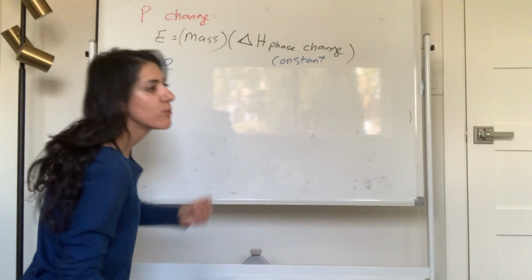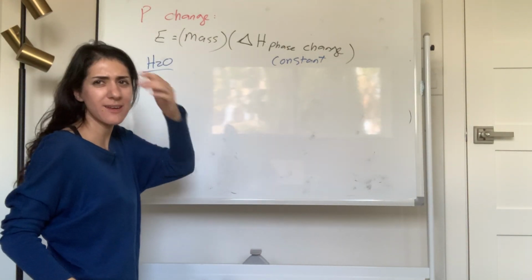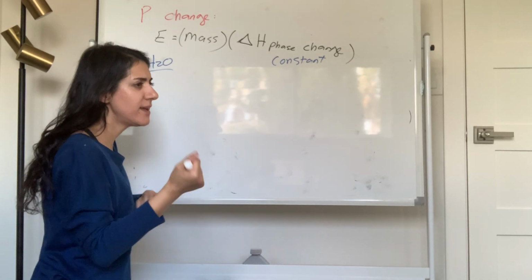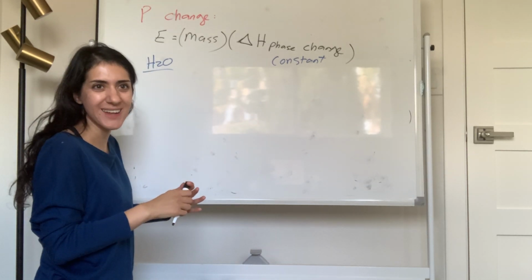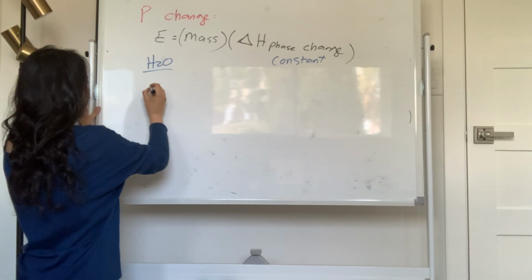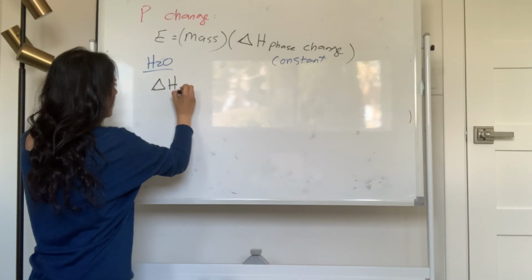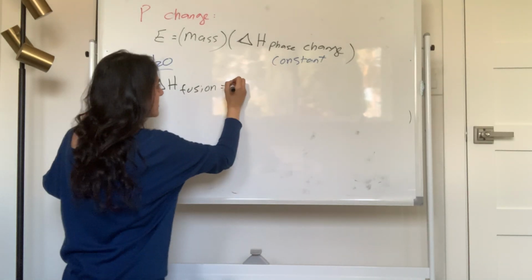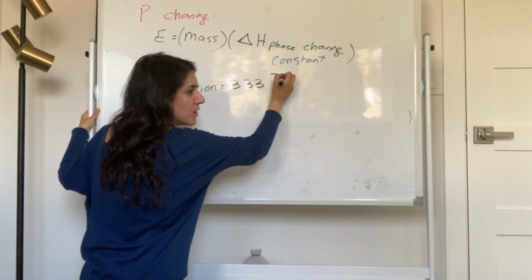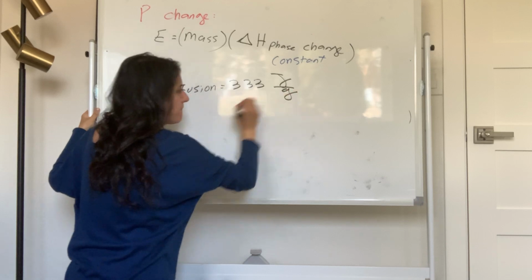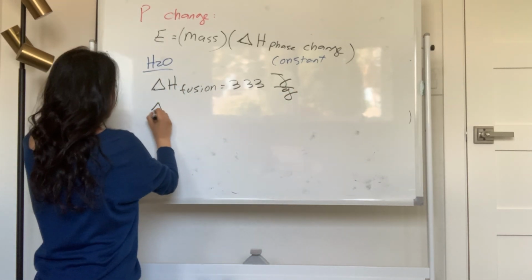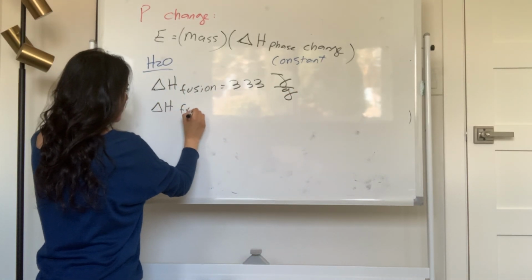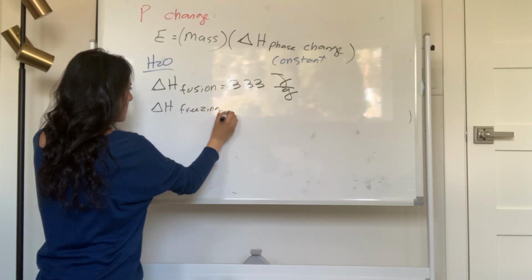So, phase change, we talked about it at the beginning of the lecture, right? We said that fusion is melting. So I have delta H of fusion, when solid goes to liquid. That number is 333 joules per gram. What's the opposite of fusion? It was freezing. Go back to the lecture at the beginning.